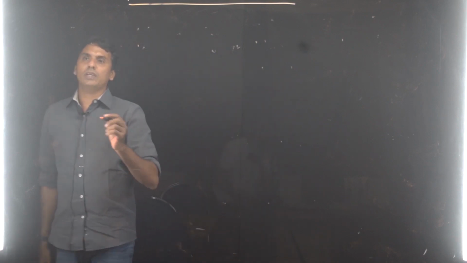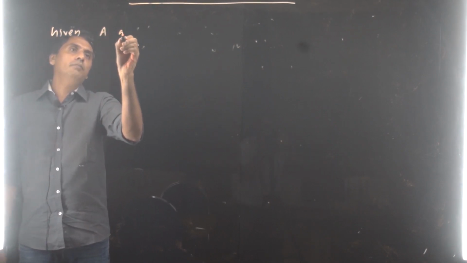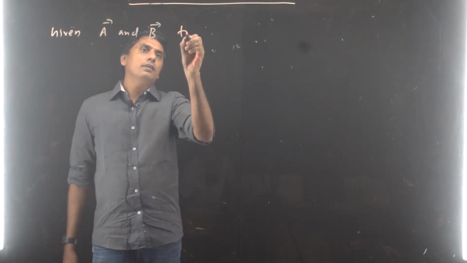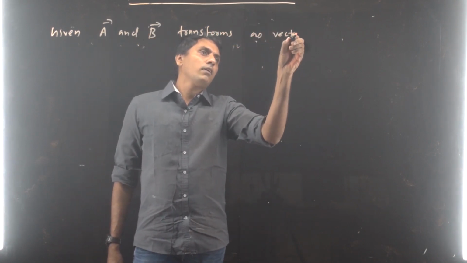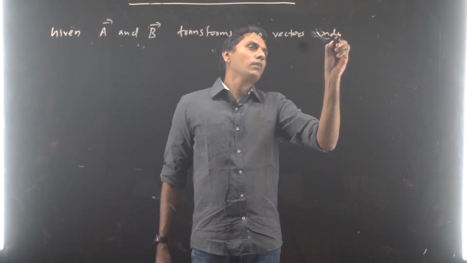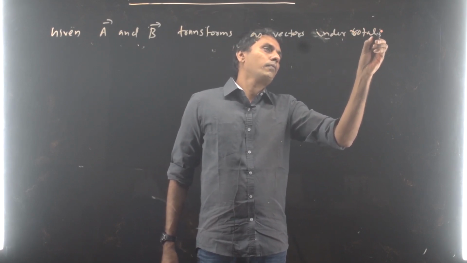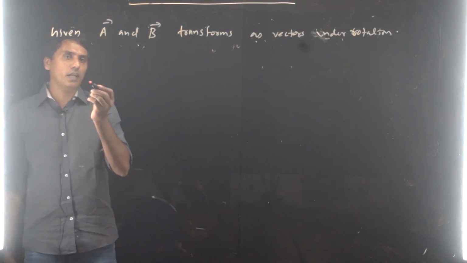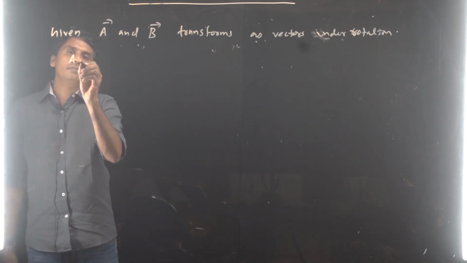So suppose that you have 2 vectors, A and B, which transform as vectors under coordinate rotation. Again, the axis of rotation is the z axis.